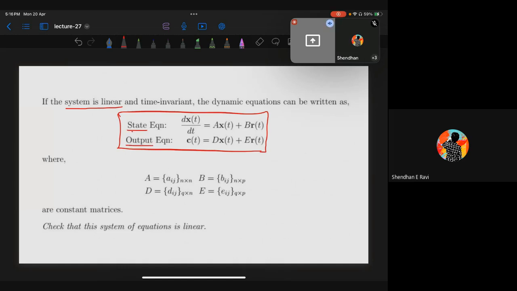The second one is called the output equation. So this entire system is called the state space representation. These are the matrix orders. Anyone having any doubt here?